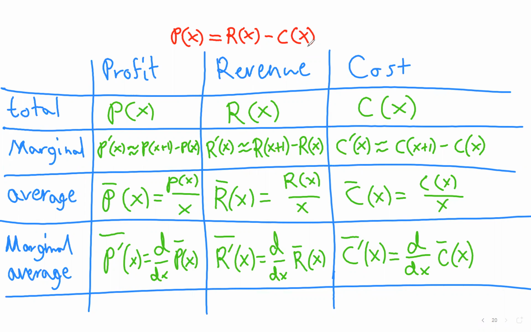The marginal profit, revenue, and cost represents the derivative of the total profit, revenue, and cost, respectively. And that's basically determining where the measurement would be going, whether it's increasing or decreasing by a certain amount.